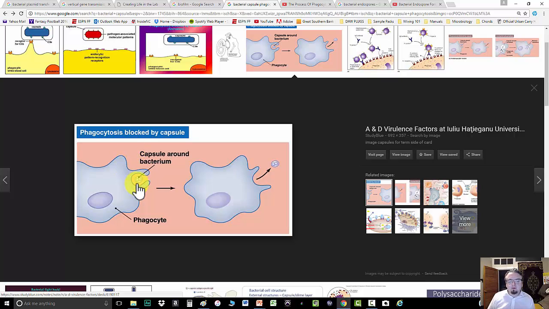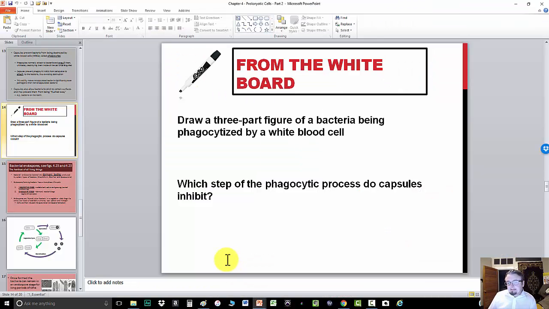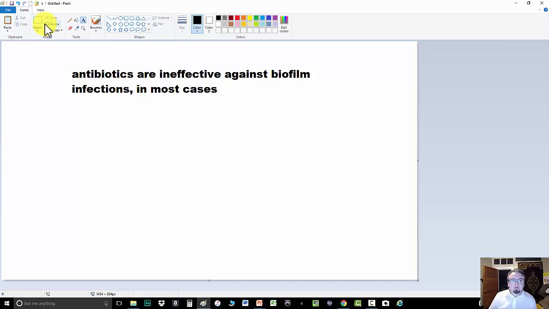The capsule basically acts as a repellent to the phagocyte in their ability to capture and grab hold of that particular bacteria. So when a bacteria has that, they're going to be harder for the immune system to get rid of.